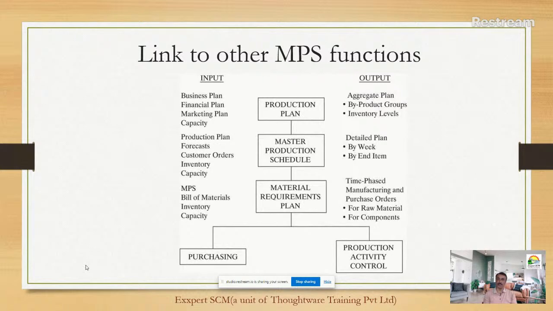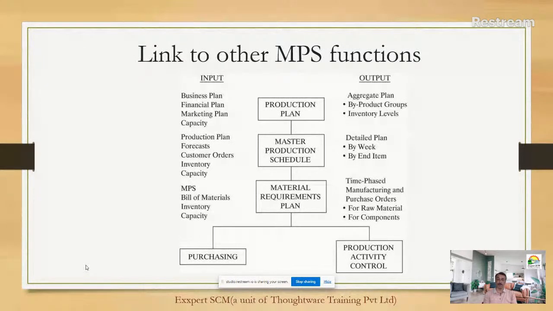In the picture, you can see what is the input and output of this process. Of course, for doing MRP, you should know how SNOP and master production schedule work. Then only you will be able to handle MRP in a very effective way. The input comes from the master production schedule, and output goes either to your production planning control or to the vendor.